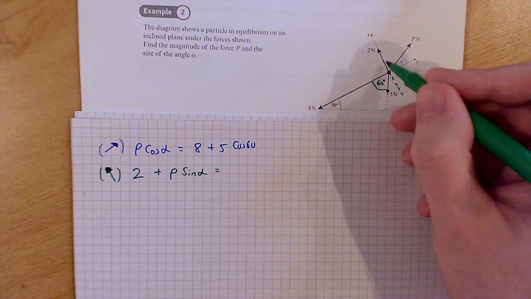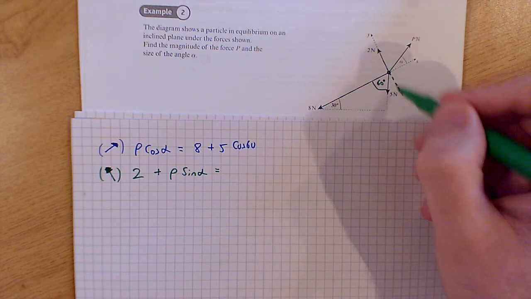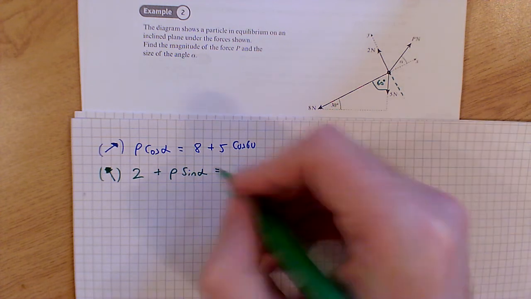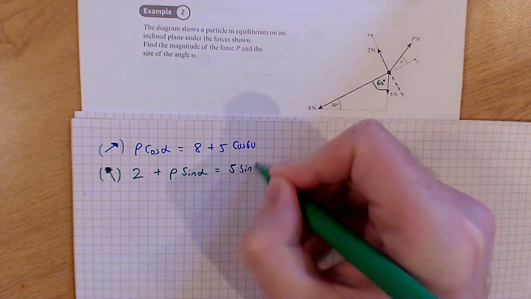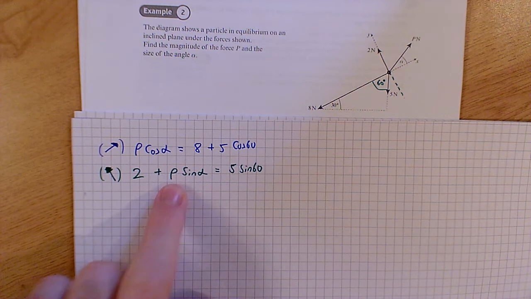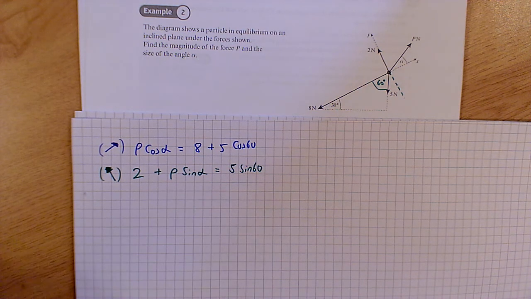It's not going directly down in terms of perpendicular to the plane. Right, it needs to be onto this dotted line, so to move it onto that dotted line, it's away from the 60, so it's 5 sine 60. Again, that's not much use because we've got P sine alpha, so we can't solve either of those directly.